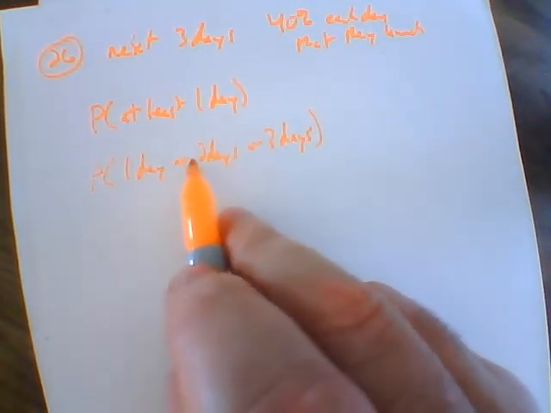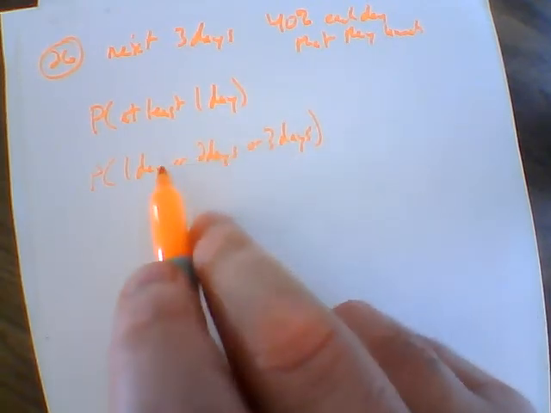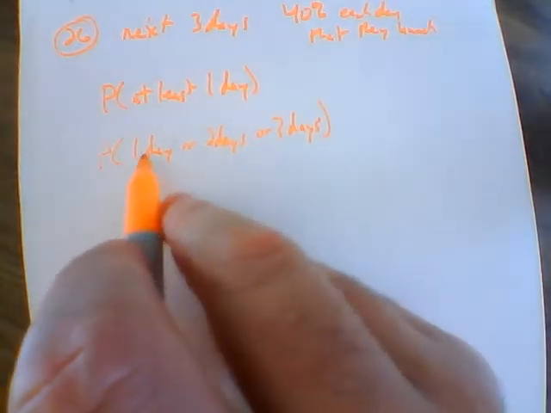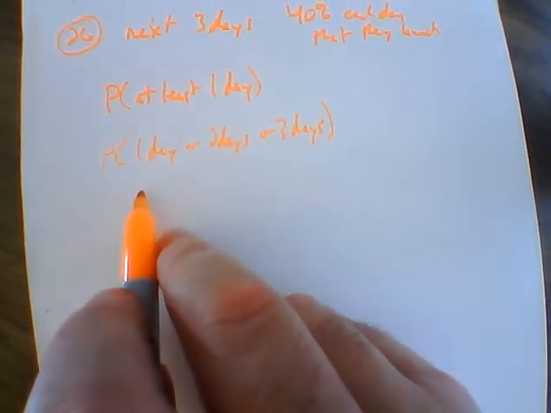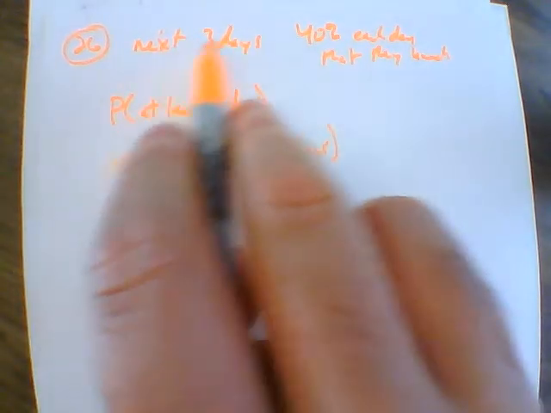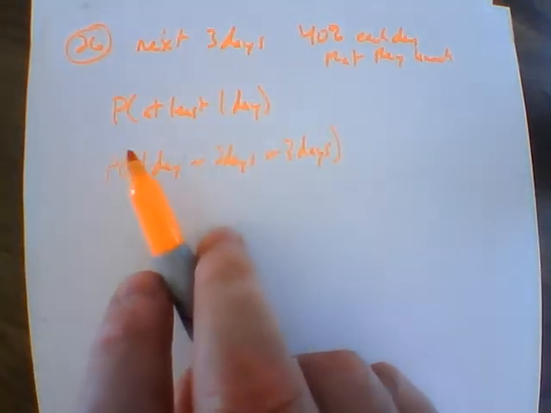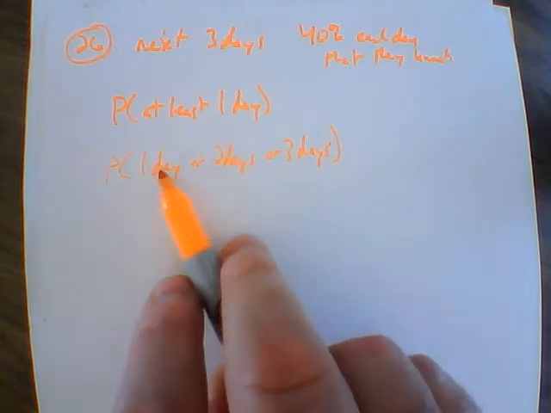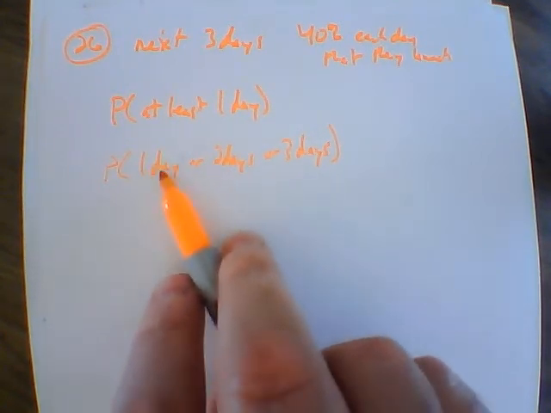Once again, 1 or 2 or 3. So we can start considering that we have an or statement in here. We want to find the probability of 1 day. Once again, we have a combination. Either the first day is going to be suitable, the second day is going to be suitable, or the third day is going to be suitable, all within stating this 1 day.